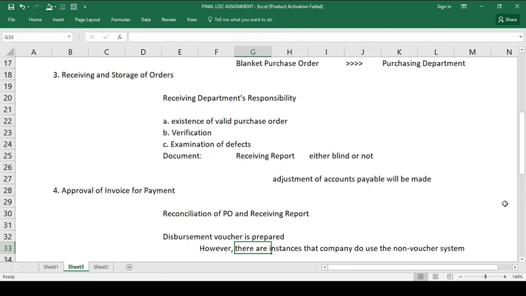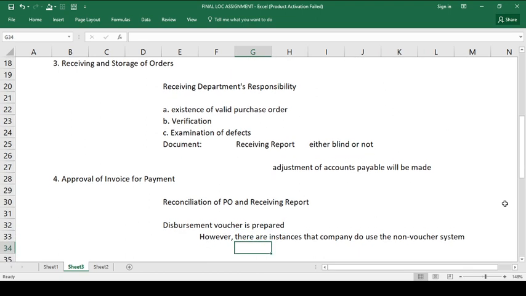Once reconciliation was made, a disbursement voucher is prepared, assuming that a company is using the voucher system.